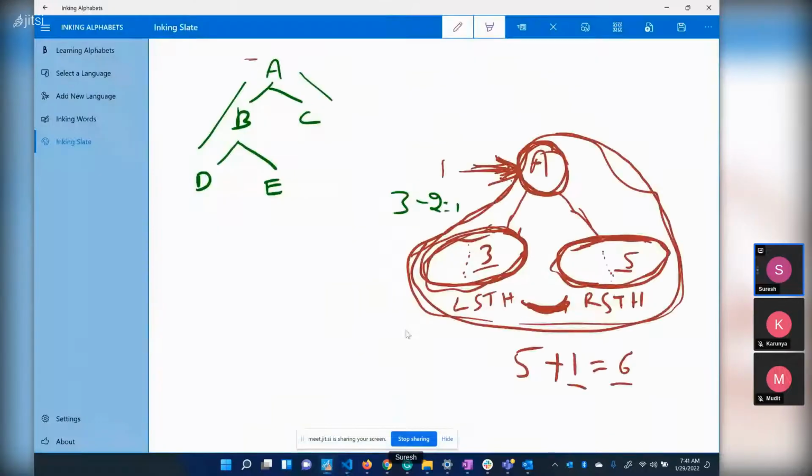That means, let's say instead of 3 you got -1 here, or instead of 5 you got -1. So if either the left subtree height is -1 or the right subtree height is -1, we are immediately saying the height of this whole subtree is also -1. This is the modified logic we did.